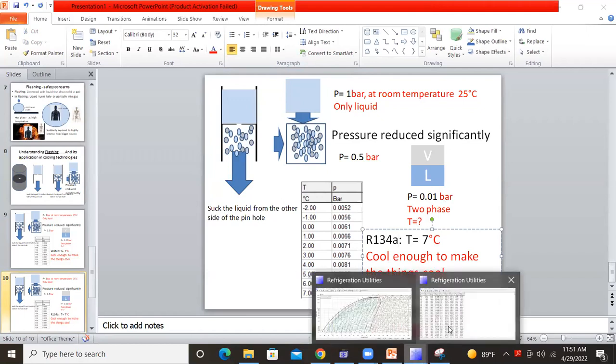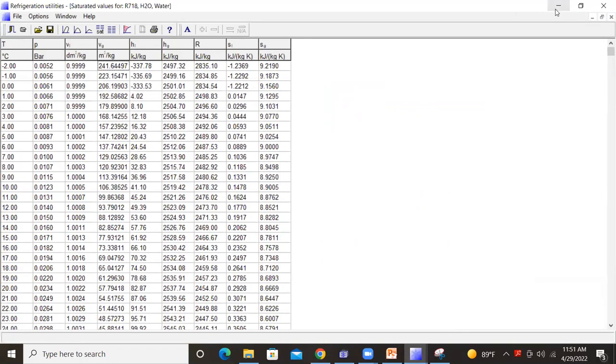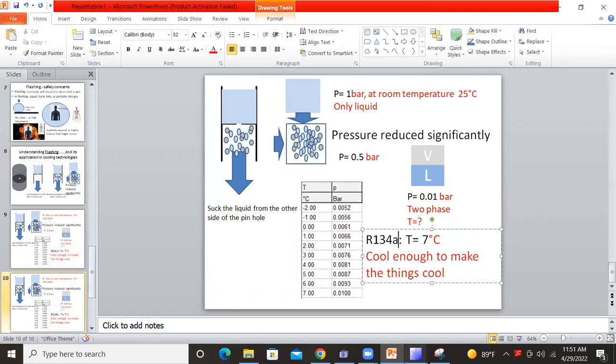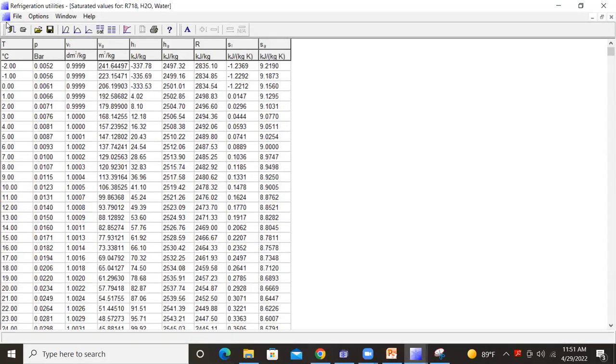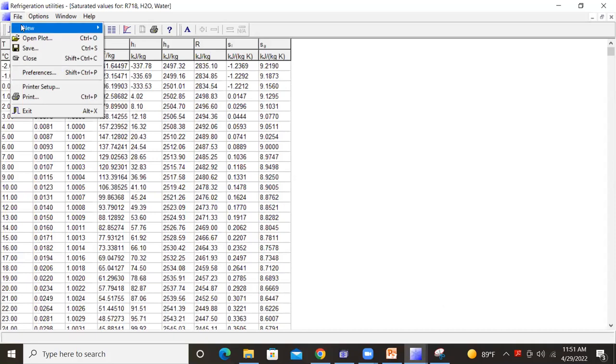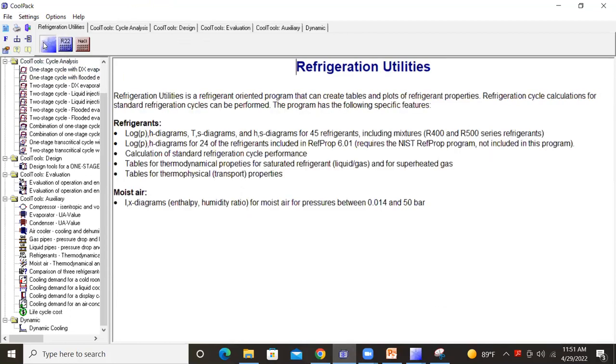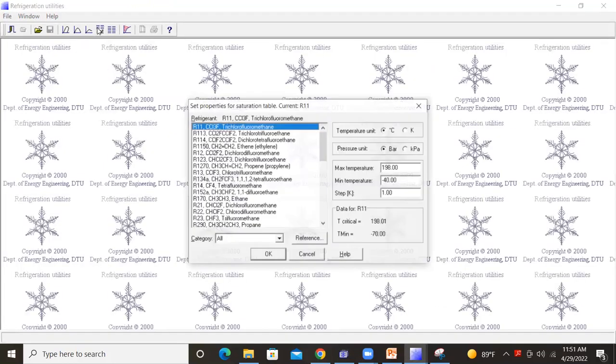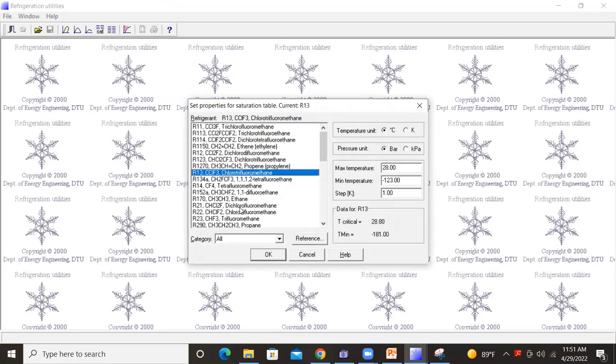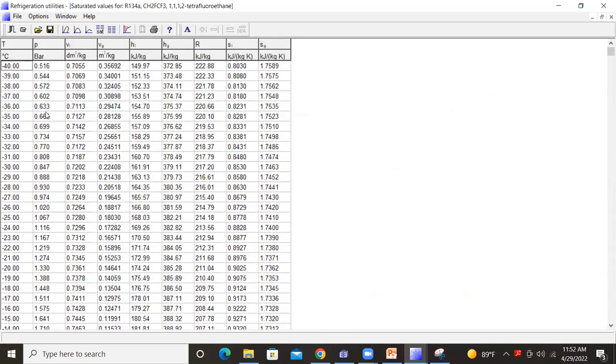But let's say for some low pressures, I will go back to the database. I will go for R134A here. Okay, so we have the data.